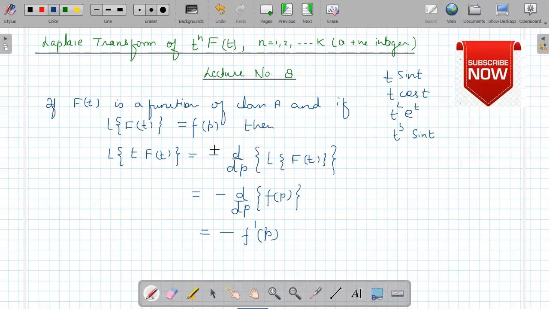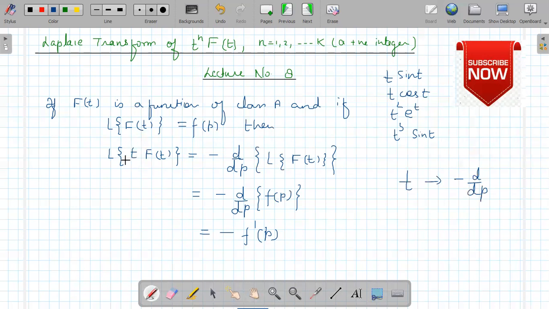So this is the impact of t, means t is converted into negative sign of d over dp when L goes inside the bracket. Okay, this is the effect of t.